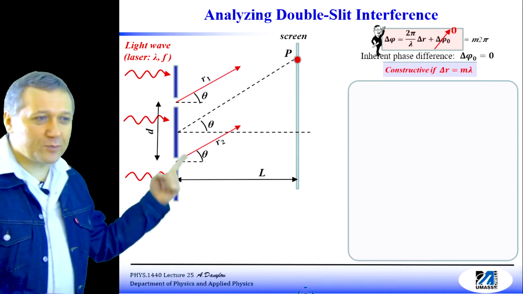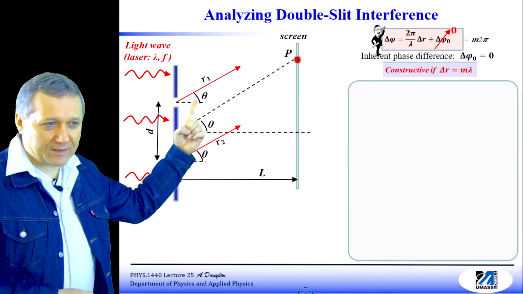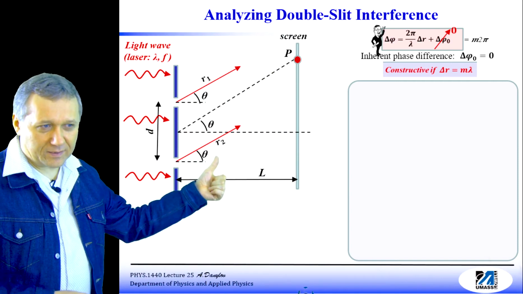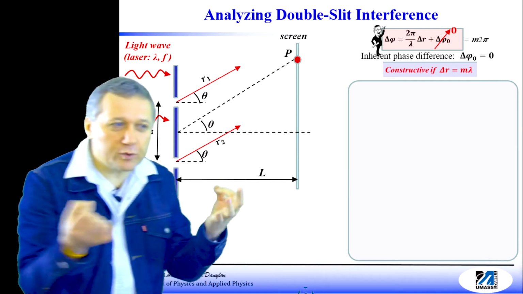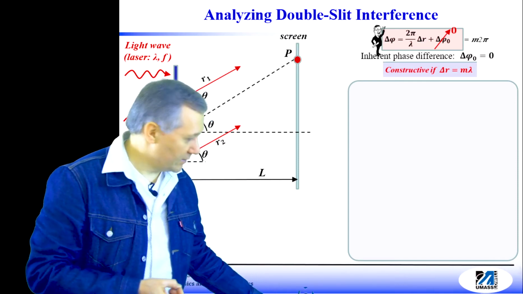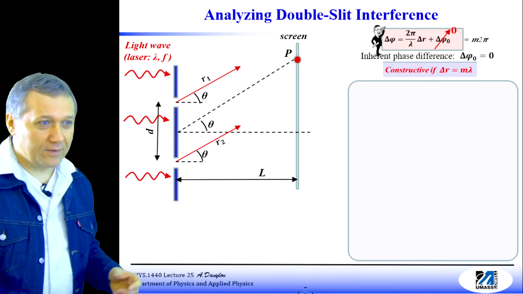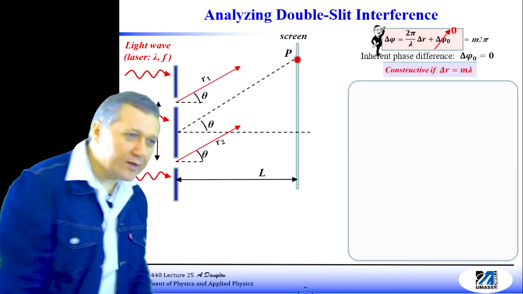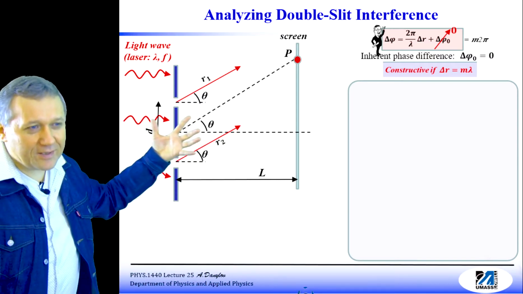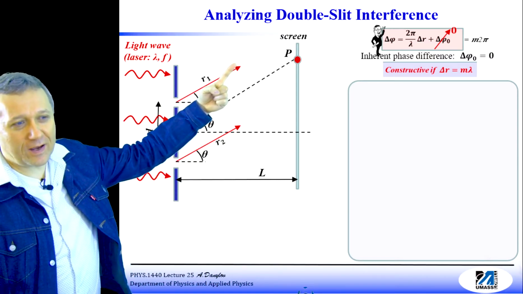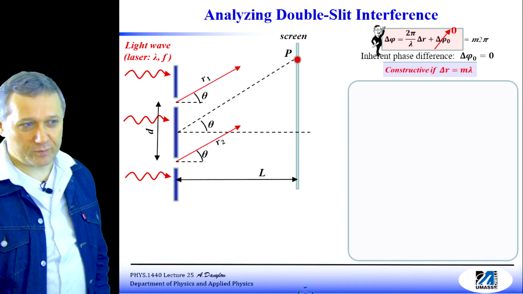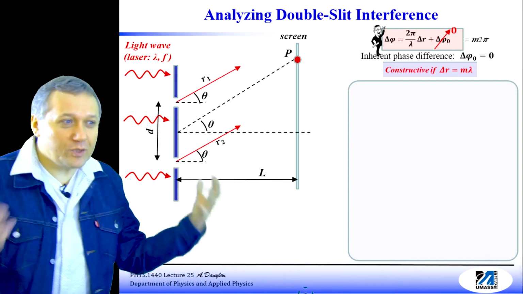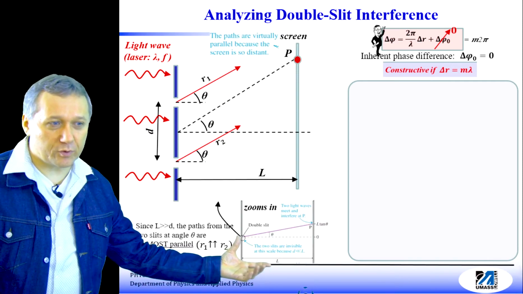The difference between this angle theta and this angle, which define the direction of R1 and R2, will be minuscule, so you wouldn't be able to see it. That's why, with a very, very good approximation, I can draw two parallel lines, representing R1 and R2.